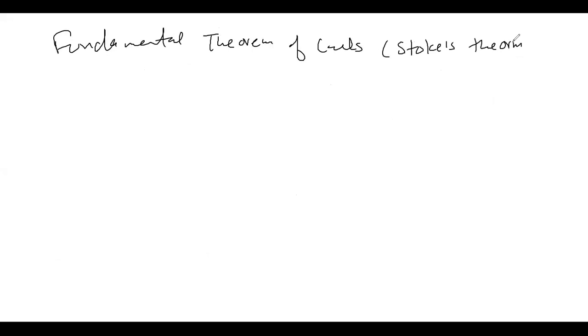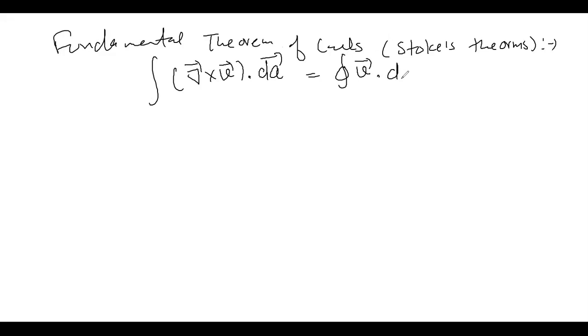This theorem helps you in converting your surface integral into line integral. This basically says that you take the curl of a vector, integrate it over the area, and this would be equal to the value of this function at the boundary.